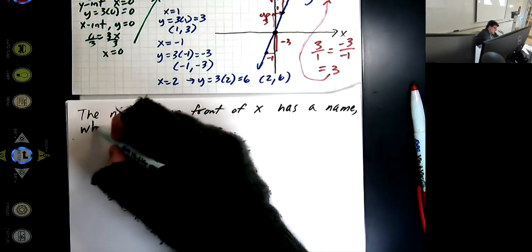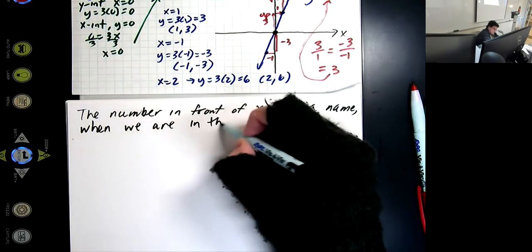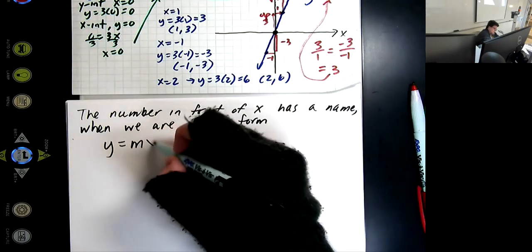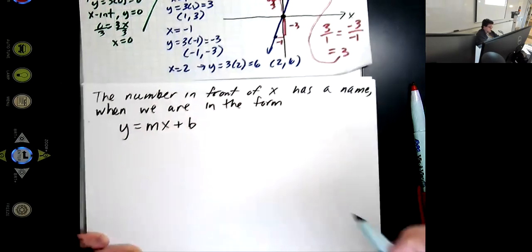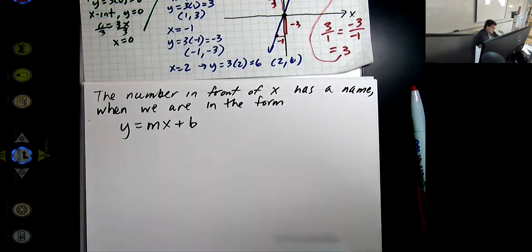When we are in the form y equals mx plus b, m is called the slope.